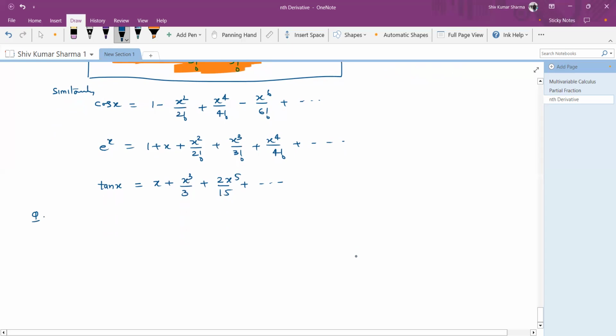So the next question is: expand e raised to the power x into sin x in powers of x as far as x raised to the power 5, means up to the fifth term, by using Maclaurin series.